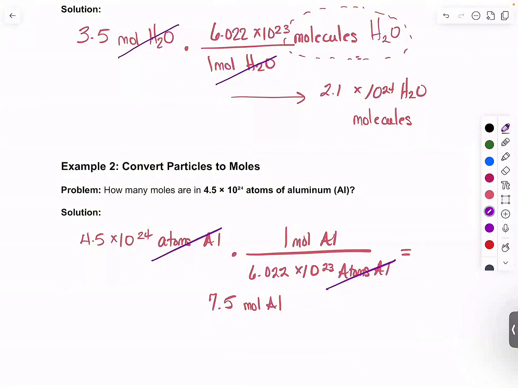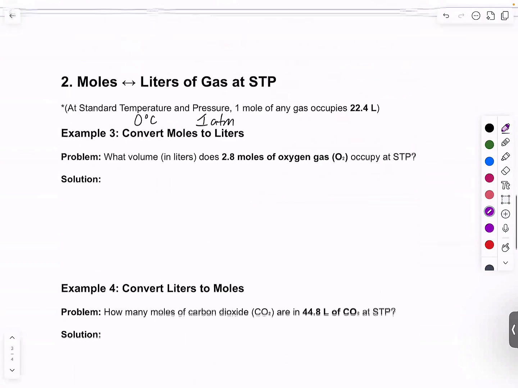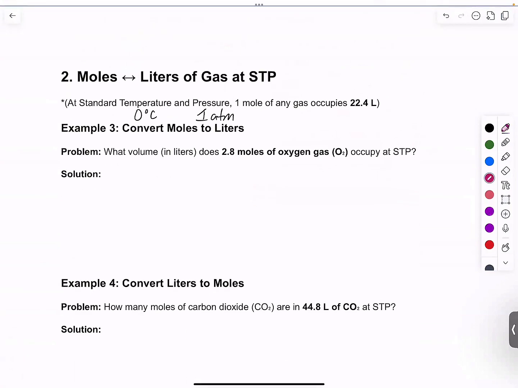And I'm going to show you a diagram just to emphasize this here at the end. All right, so liters of gas at STP, and remember it's 0 degrees Celsius, 1 atmosphere for pressure, and this is our constant value. 1 mole of any gas is going to have that volume.